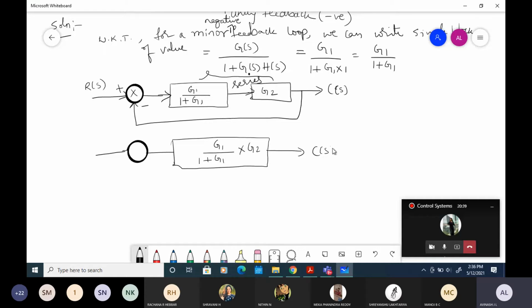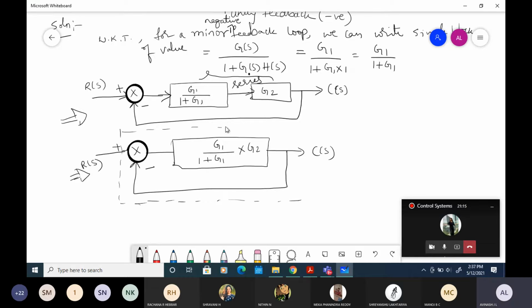So this is C of S. Now we can see R of S. So all of you arrived at this particular stage? Please tell me. Yes, sir. Very good. So now this is once again a negative feedback loop, correct?